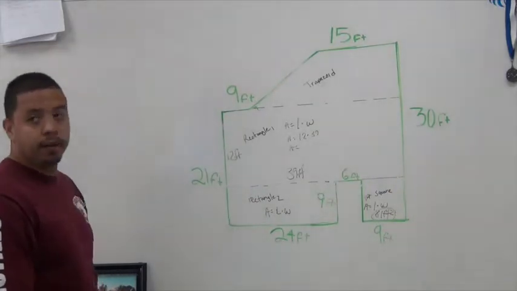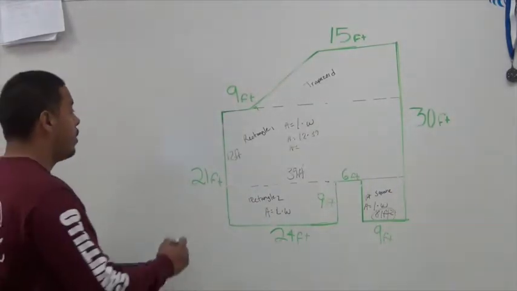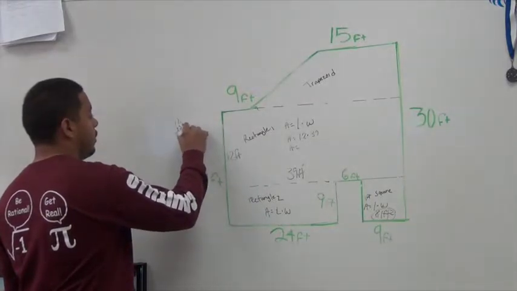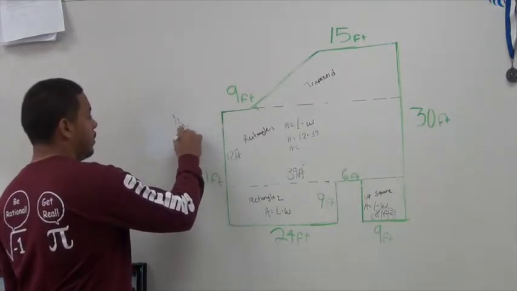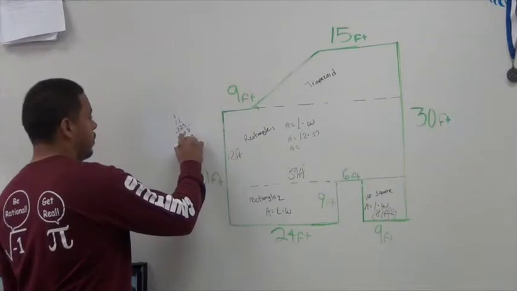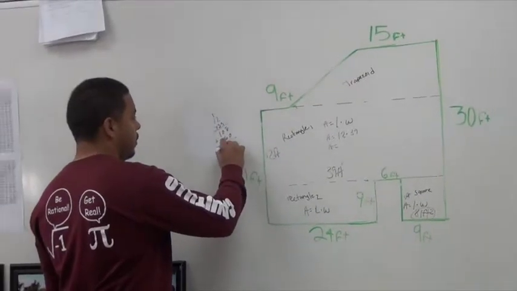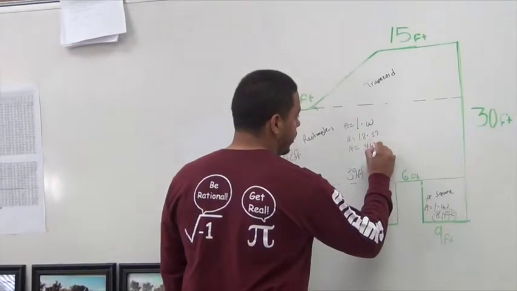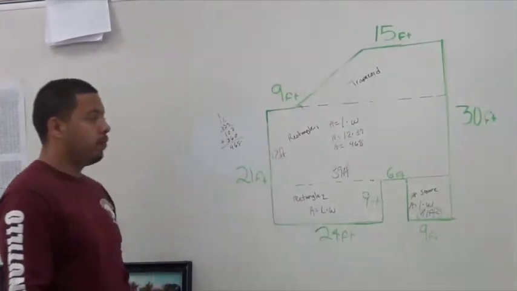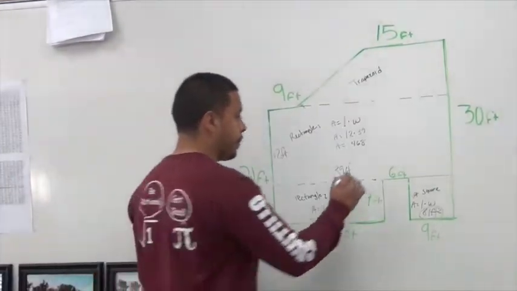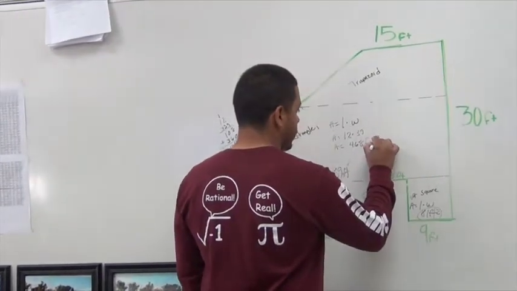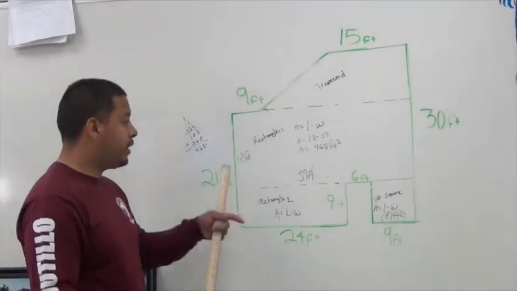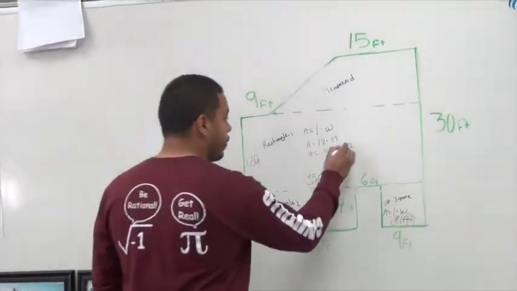Go ahead and solve that real quick. I got 468 unless you got something else. 468 feet squared for this one.